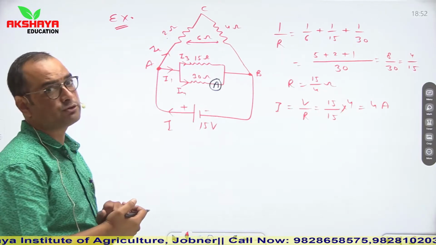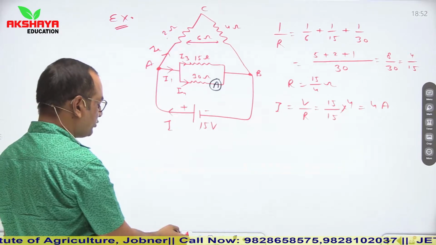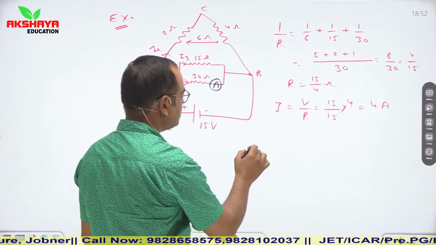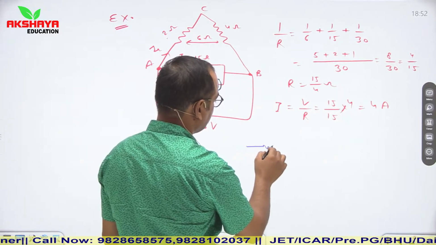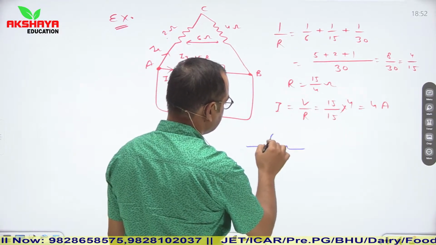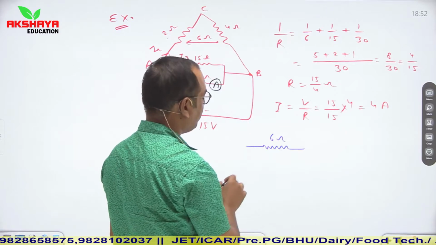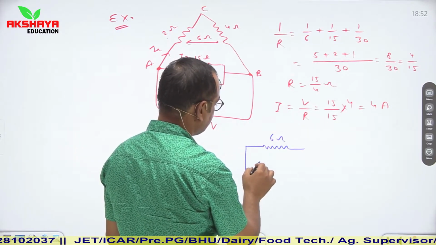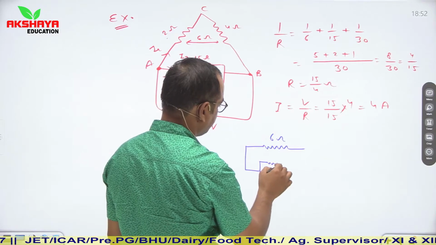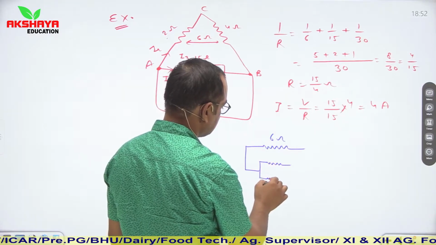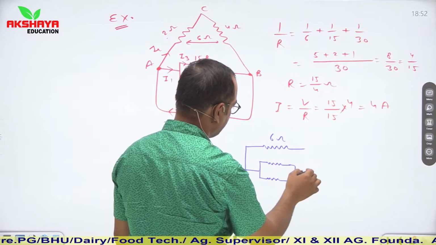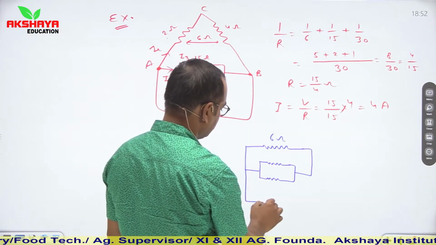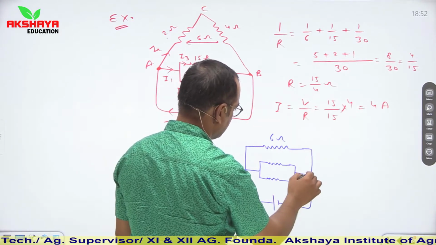So first thing we should know is that this circuit can be redrawn like this. This is the equivalent of 2 ohm and 4 ohm, and these two resistors are connected again in parallel, and this is the source.